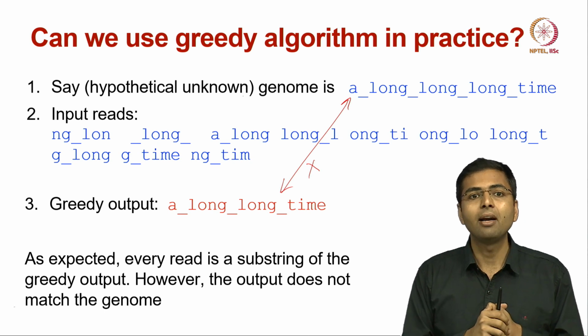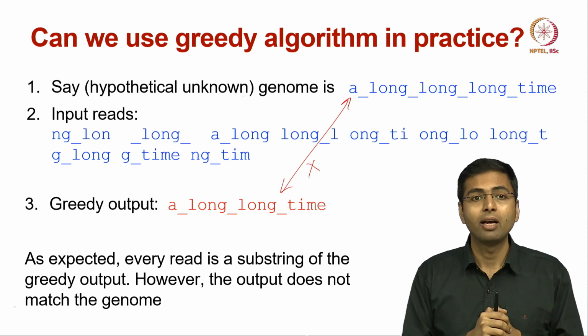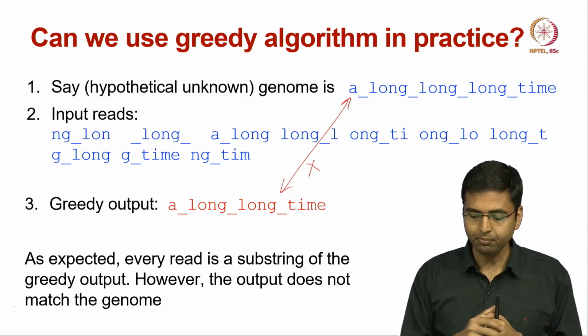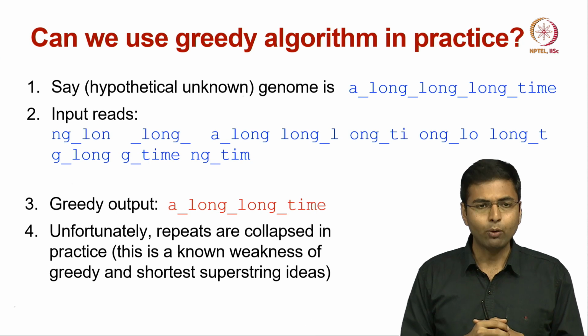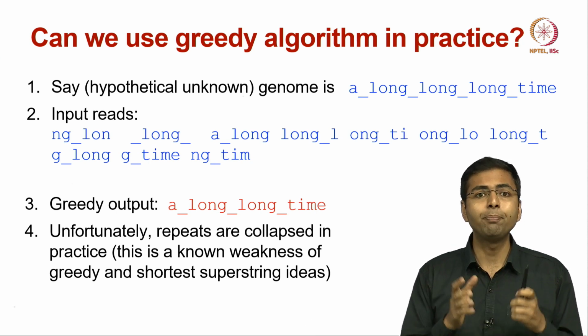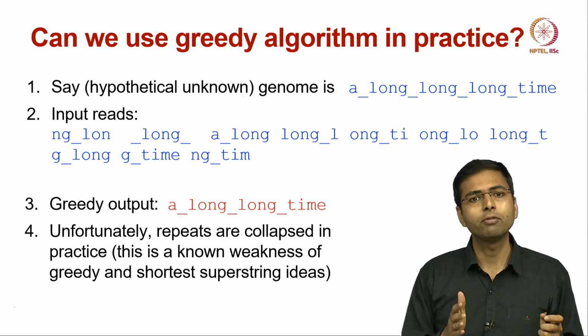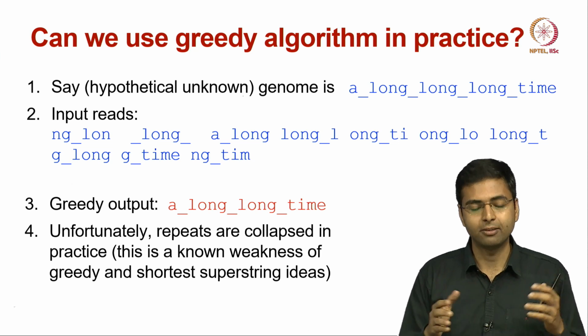So in general, what we are finding here is that the greedy output is not guaranteed to match the target genome sequence. And why is that? Well, unfortunately what happens is that the repeats are collapsed in practice, and this is a known weakness of the greedy and shortest superstring ideas.